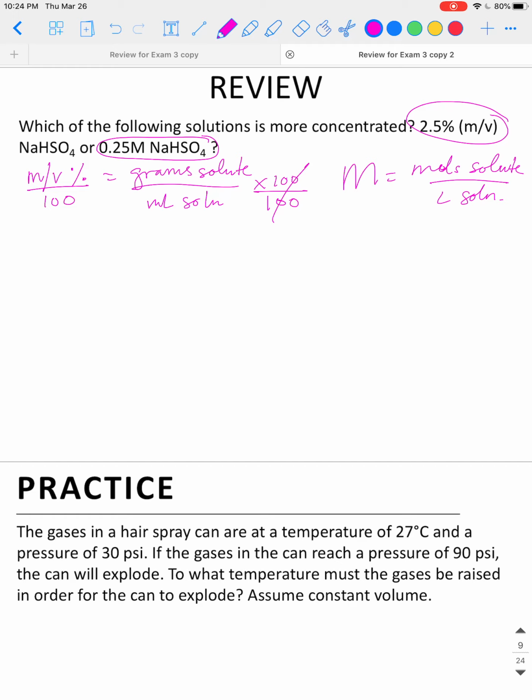It'll cancel out over here, and when I do that, I have 2.5% divided by 100. That gives me 0.025, and the percent goes away. Now, this equals grams solute per milliliter of solution.